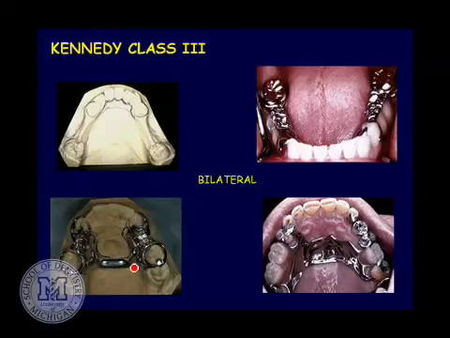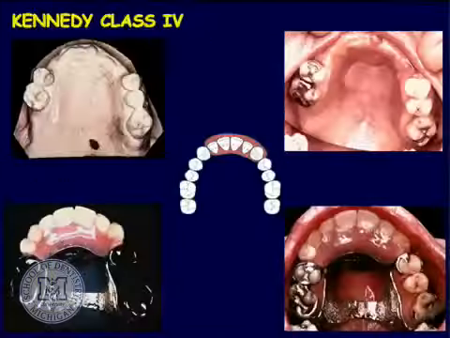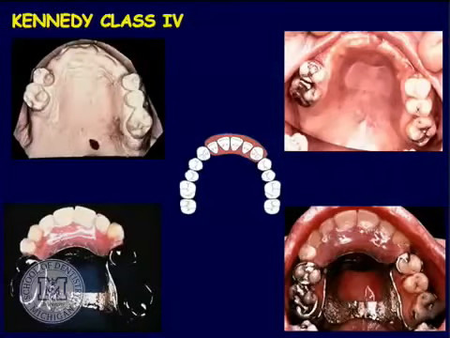The class 4 has no other edentulous spaces except the anterior, typically which crosses the midline. And so here's your classic Kennedy or Applegate class 4 partial. Now many times on these you can see the silhouette of the partial denture in the mouth.